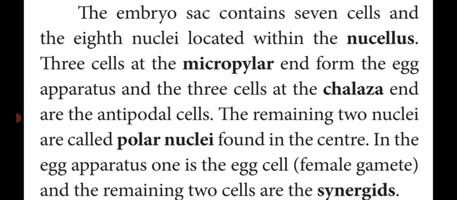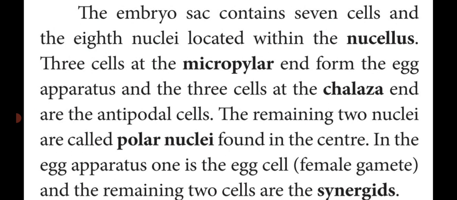Dear students, up to this we have seen two important sex organs: how pollen grains are formed in the pollen sac, that is the male sex organ, and how the egg or ovum is formed inside the ovary, which is the female gamete. Now both sex organs are ready for the fertilization process, that is fusion, to produce a new individual.